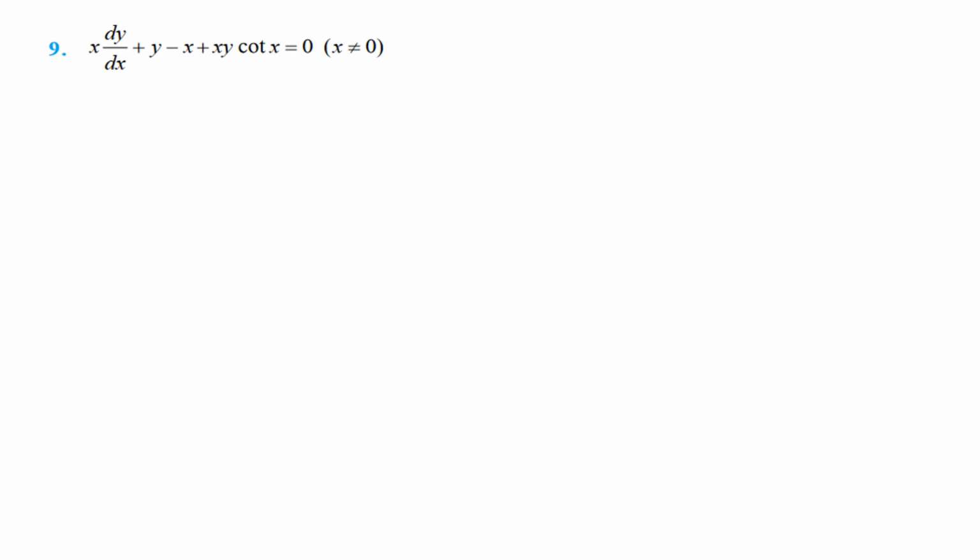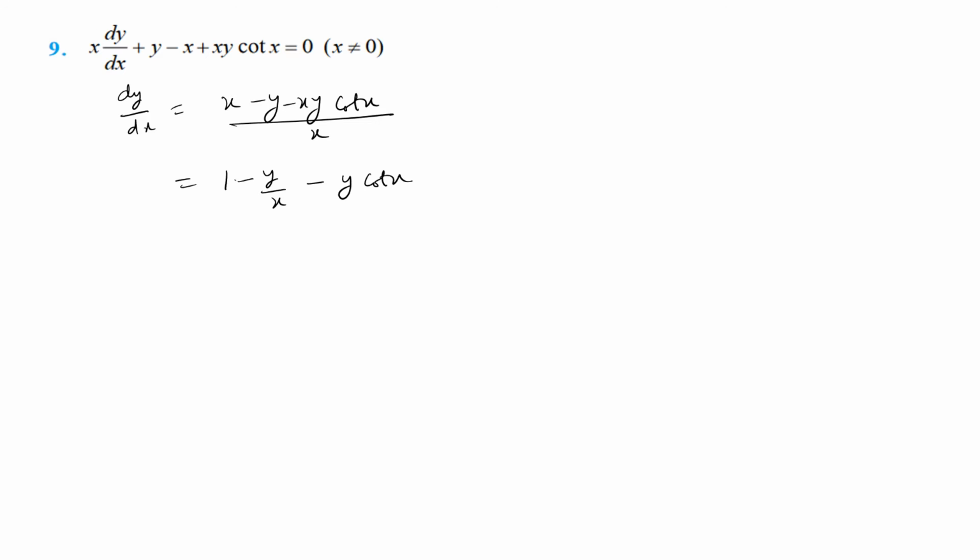Yes, see this equation carefully. Again you will see that if I write dy by dx is equal to x minus y minus xy cot x and divide by x, I will get 1 minus y upon x minus y cot x.